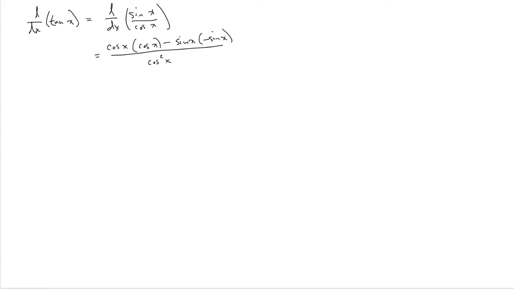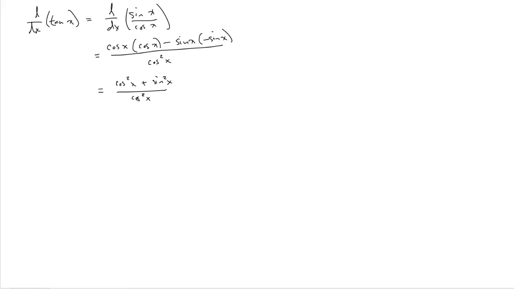And by the quotient rule, that derivative is ho, that's the bottom, the cosine of x, d high, the derivative of the sine of x, which is cosine of x, minus high, that's the sine of x, d ho, the derivative of the bottom, which is the negative sine of x, the derivative of the cosine of x, the negative sine of x, all over ho ho, the bottom squared, that's where that cosine squared x comes from.